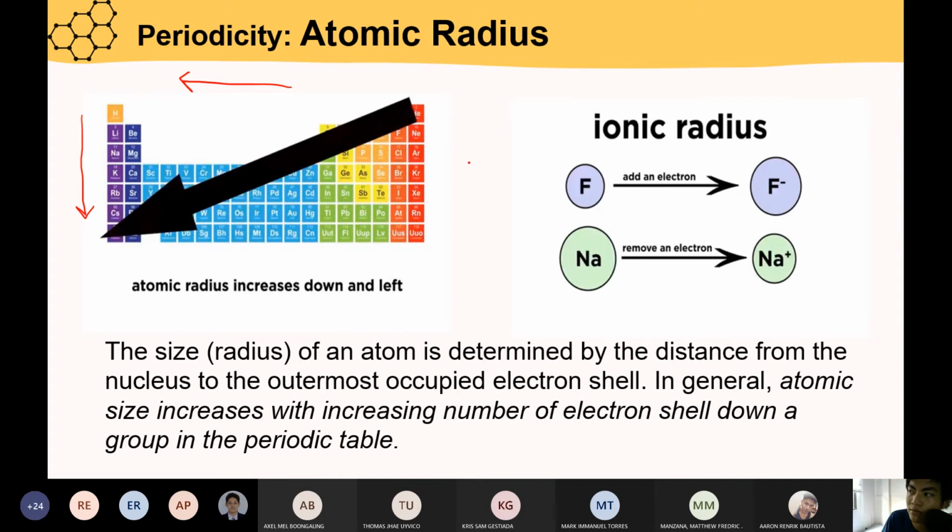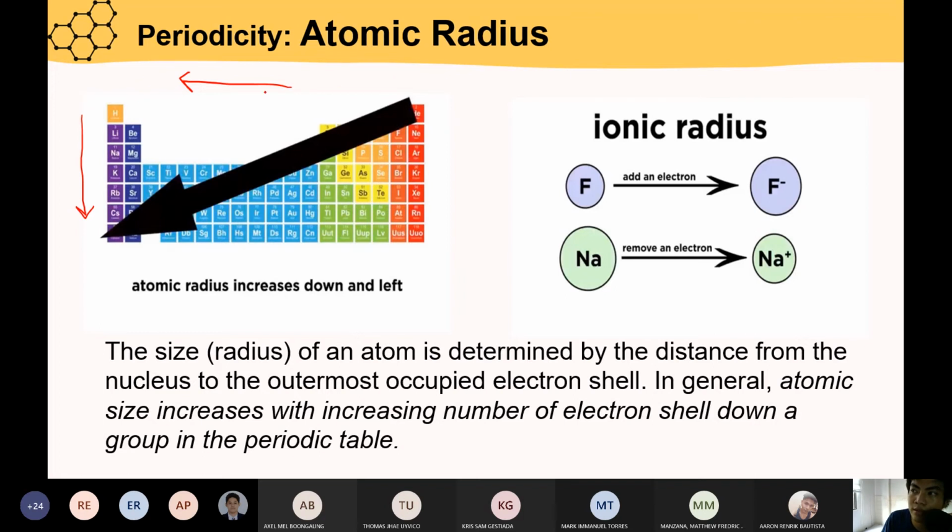We have the nucleus inside and the electrons outside, so the more electrons outside, the bigger the atom is. So that's the trend as you go down the periodic table. There is an increase in the number of electrons. They occupy higher energy levels or higher orbitals. That's why lumalaki yung size niya.